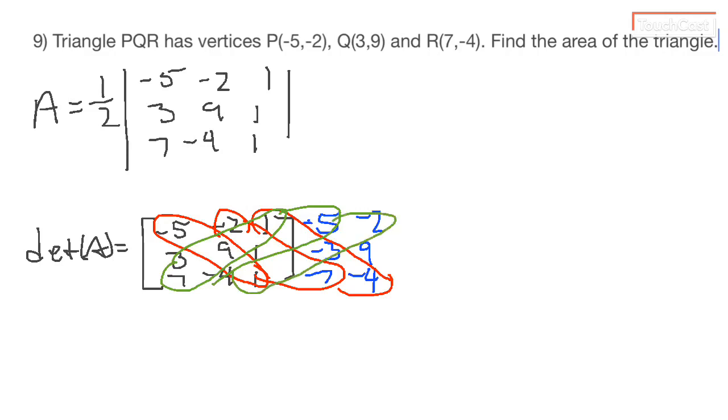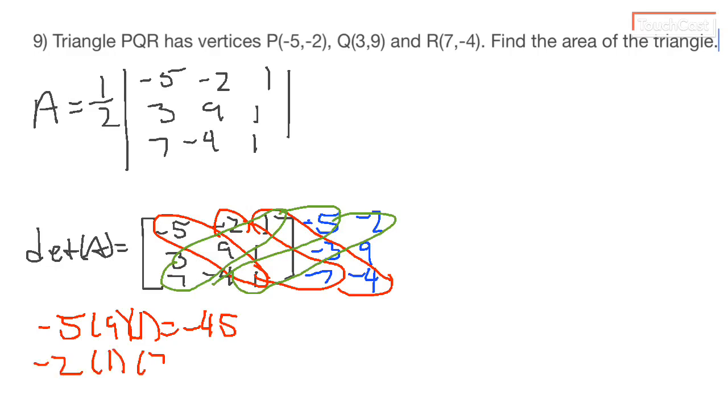Alright, so we're going to start by calculating these products. We've got negative 5 times 9 times 1. So we're going to get negative 45. We've got negative 2 times 1 times 7. So negative 14.